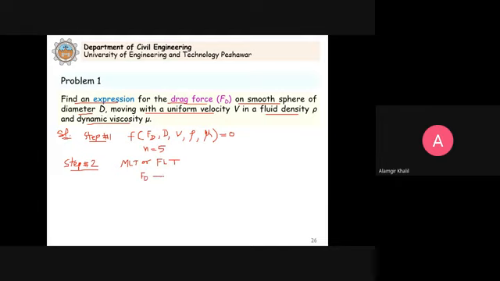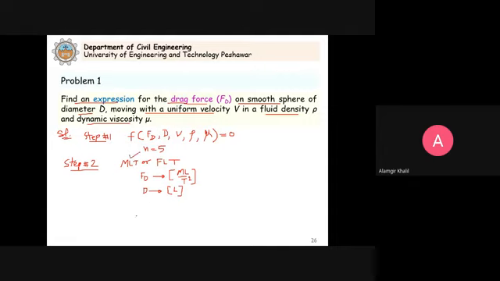So F_D, we already wrote down that this is M L by T squared, and we have the diameter, whose dimension is L. We follow the MLT system. You can use the FLT as a learning exercise.